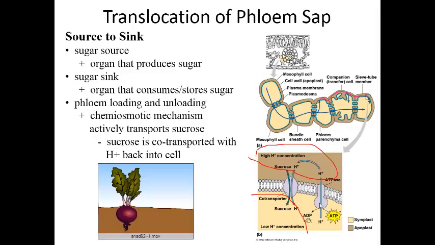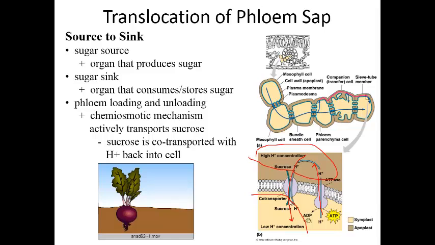Using active transport, hydrogens are actively pumped out of the phloem using ATP. Right, this is a hydrogen pump or a proton pump. This builds up a hydrogen gradient outside of the phloem. Those hydrogens, or those protons, want to rush back into the phloem.